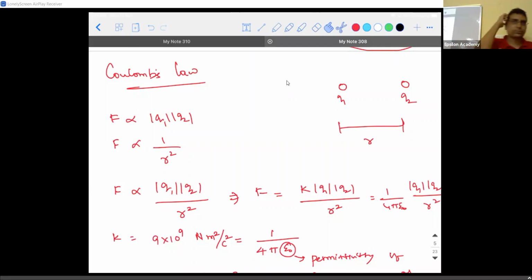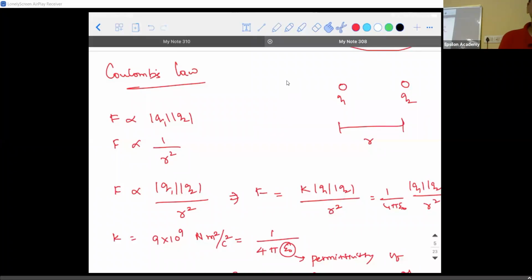Please write it down. Coulomb's law has a statement. Force of attraction or repulsion between two point charges. That word you need to underline. That is what I am more concerned about. The force of attraction or repulsion between two point charges is directly proportional to whom?